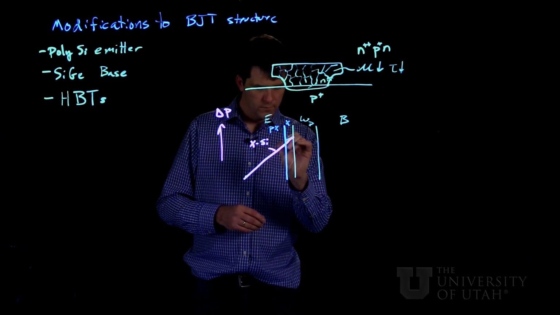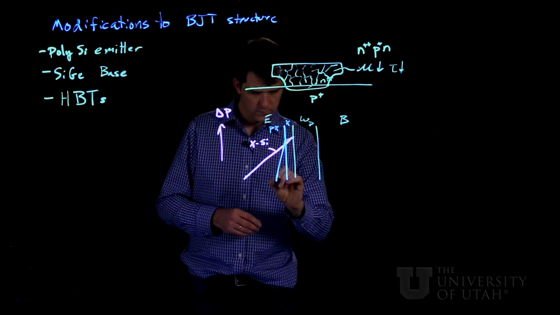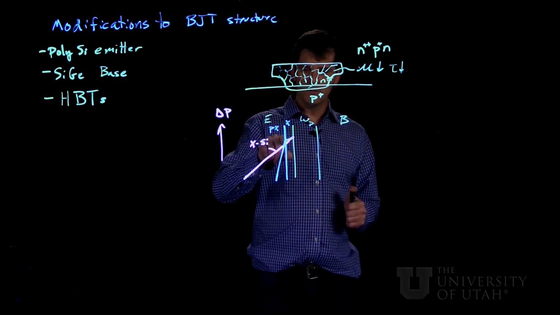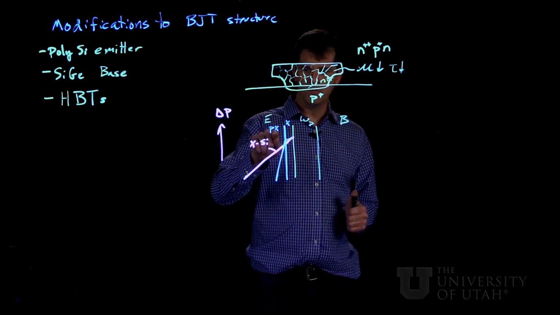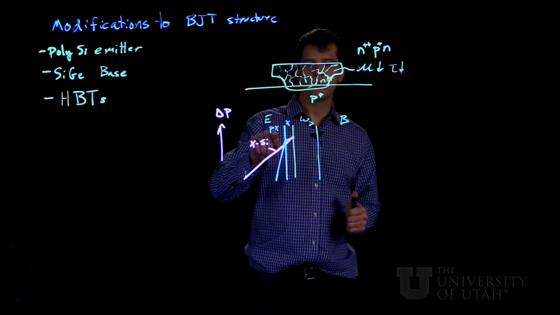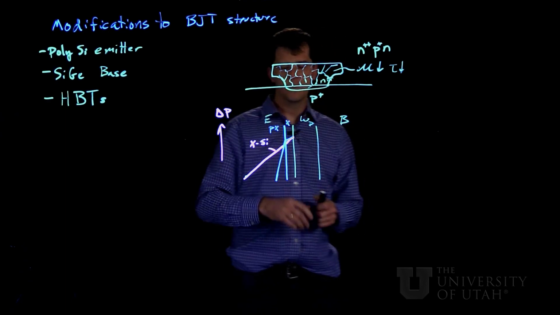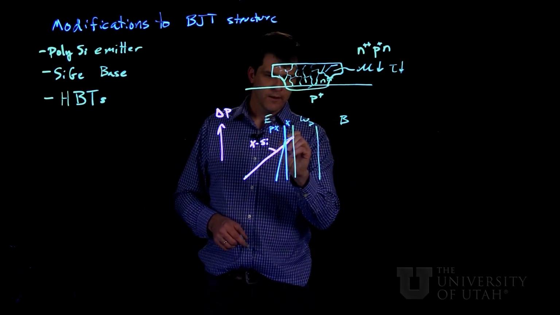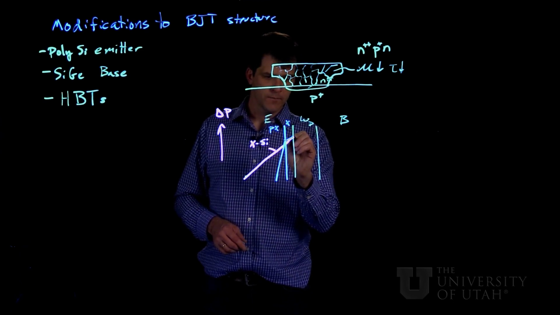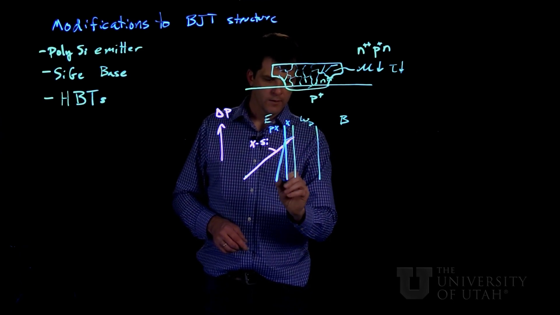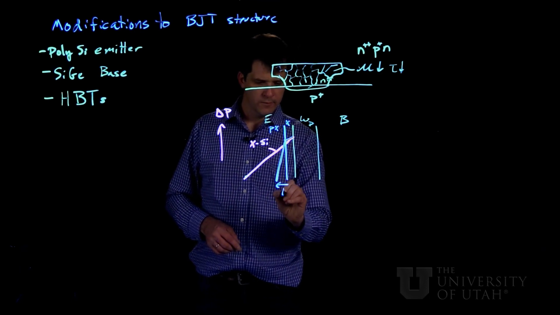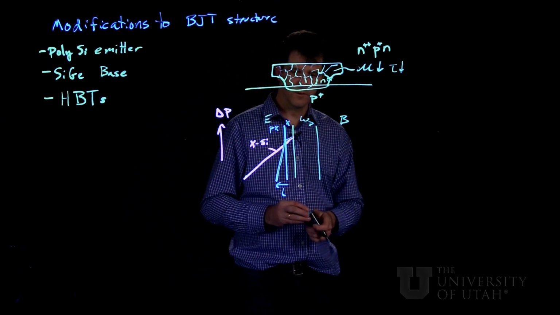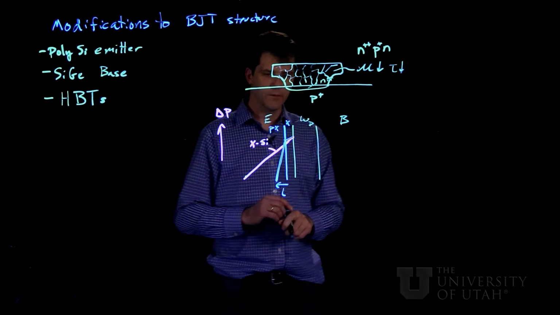So the requirement to match currents at the heavily N++ to polycrystal to single crystal junction means that the excess hole concentration has to take on a shape like this, and because the minority carrier diffusion length is much smaller in the polycrystal than in the crystalline case, it has to drop much faster.